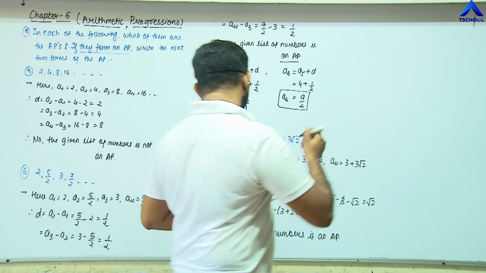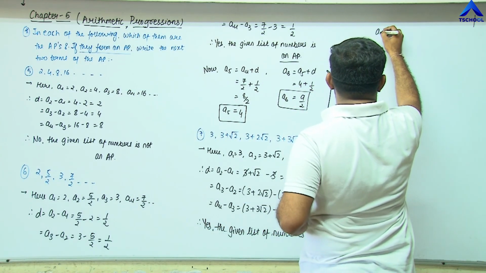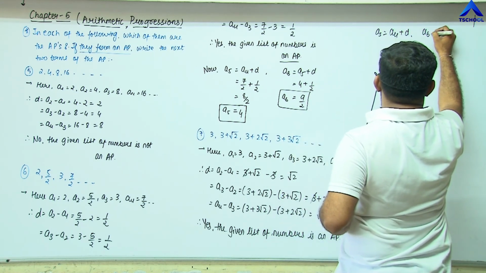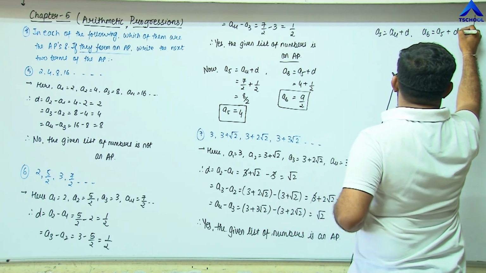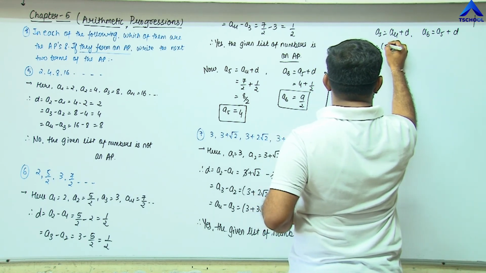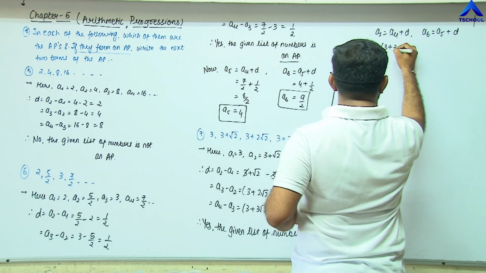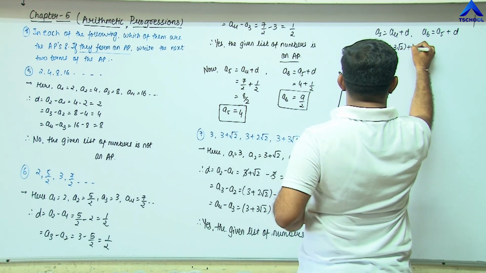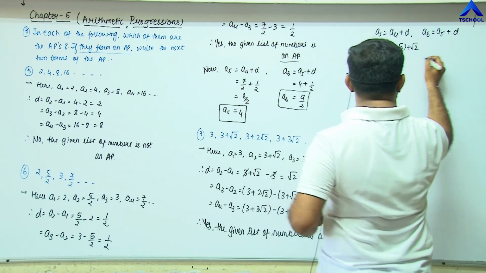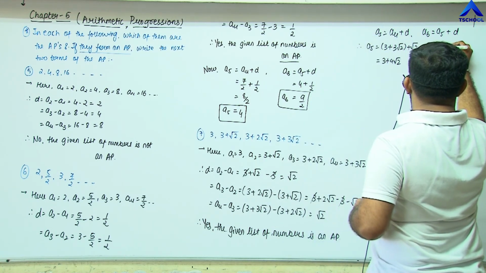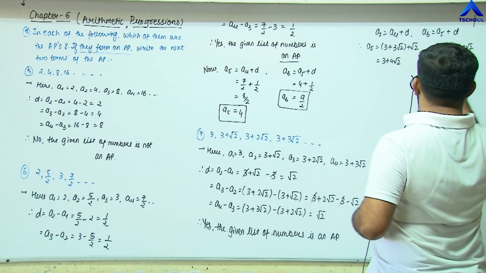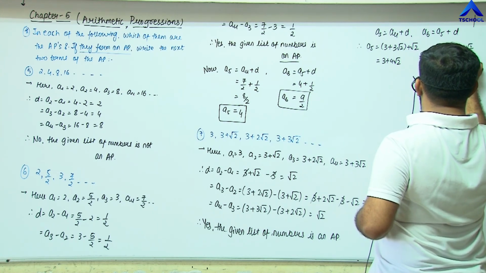Writing down the next two terms, that is A5 equals A4 plus D and A6 equals A5 plus D. Therefore A5 is equal to 3 plus 3 root 2 plus root 2, which is equal to 3 plus 4 root 2, and here it would be 3 plus 4 root 2 plus again root 2, which is 3 plus 5 root 2.